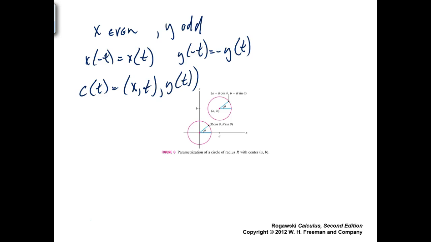Now, what we're interested in is the even or oddness, if it has any, of c. So how do we investigate that?